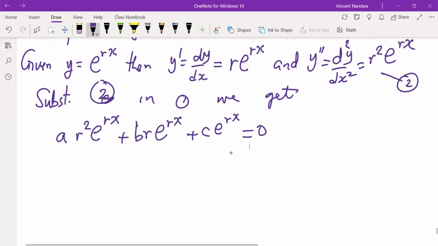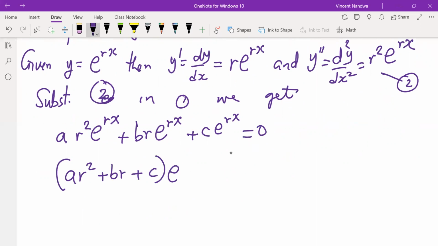And with this equation, we realize that e raised to power rx is common, so we can have (ar squared plus br plus c) times e raised to power rx equals 0.